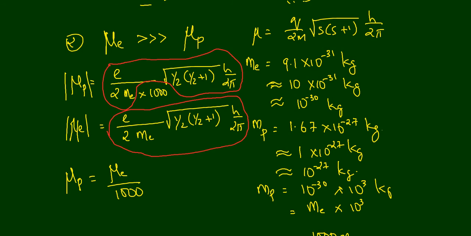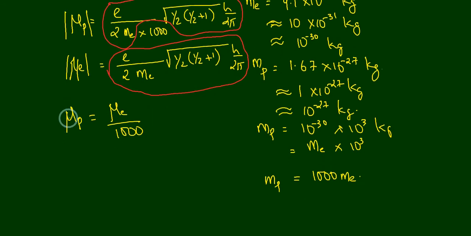It means that the magnetic dipole moment of the proton, mu p, is equal to mu e divided by 1000.